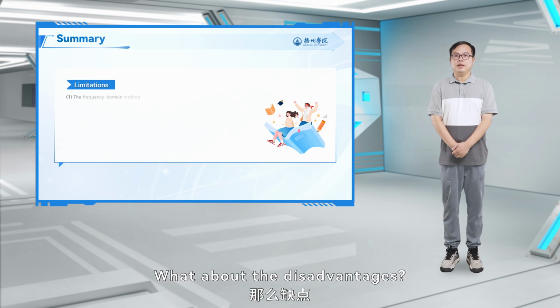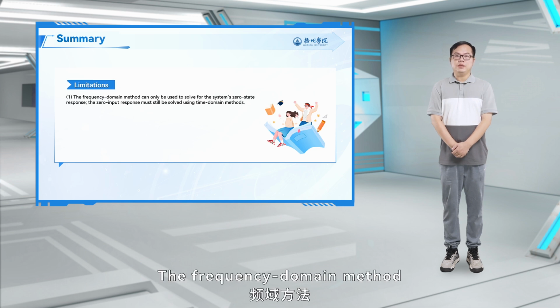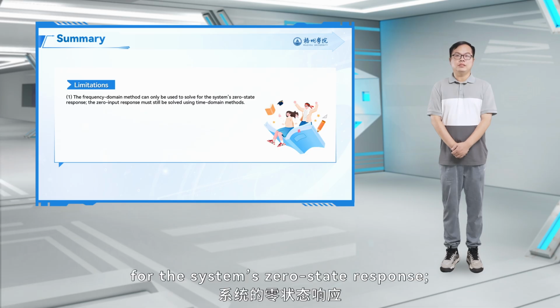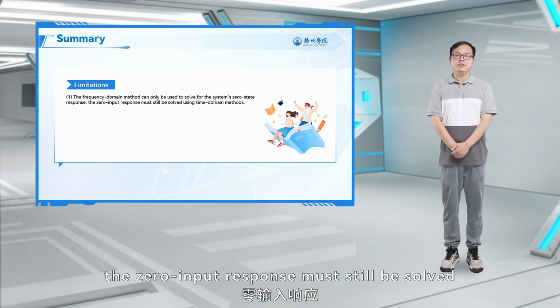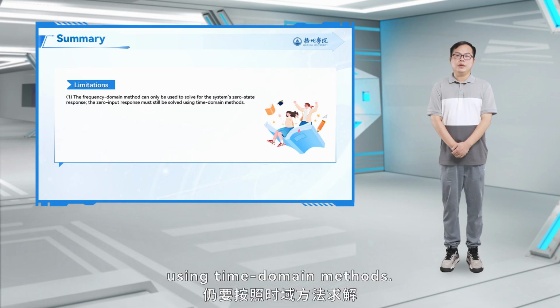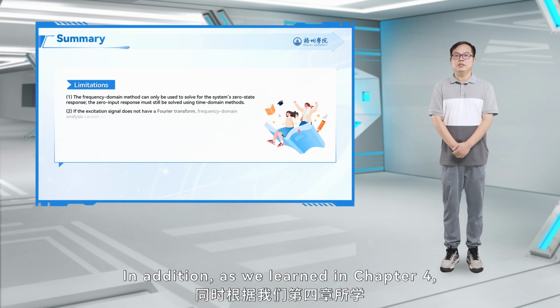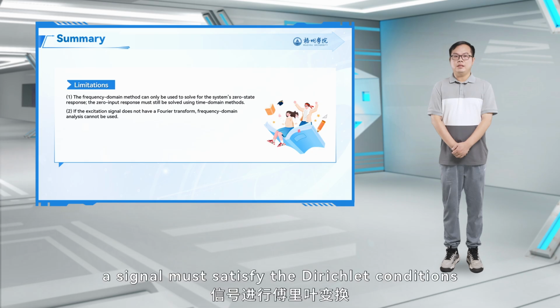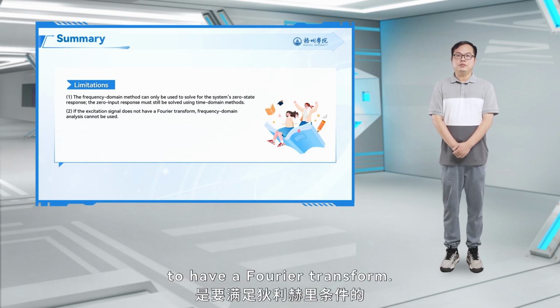What about the disadvantages? The frequency domain method can only be used to solve for the system's zero-state response. The zero-input response must still be solved using time domain methods. In addition, as we learned in chapter 4, a signal must satisfy the Dirichlet conditions to have a Fourier transform.